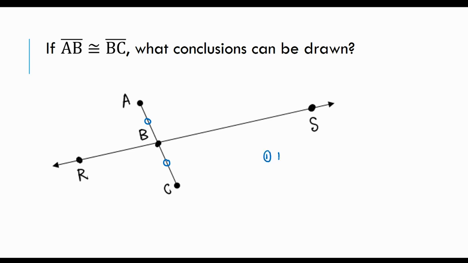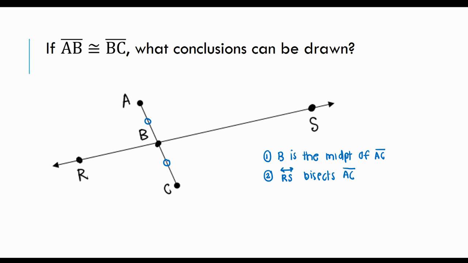So I can say that B is the midpoint of the segment AC. I can also say that since point B is on the line RS, the line RS bisects the segment AC.